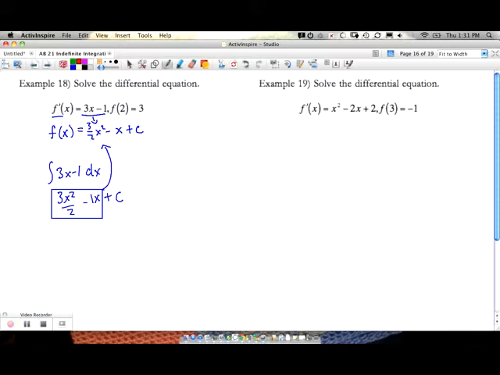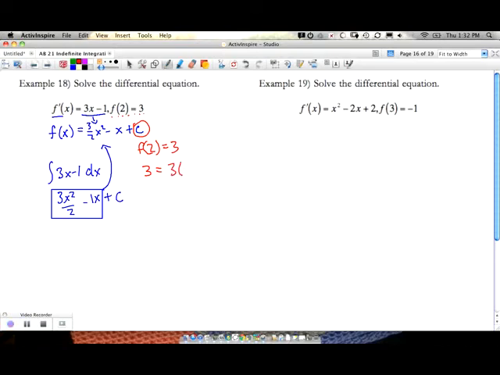Now that's helpful, but it's not complete because this c right here, this is a mystery. We don't know how to find that c. But we do know that for the second half, f of 2 equals 3. In other words, that means that 3 is what I would get if I plugged in 2 for x.